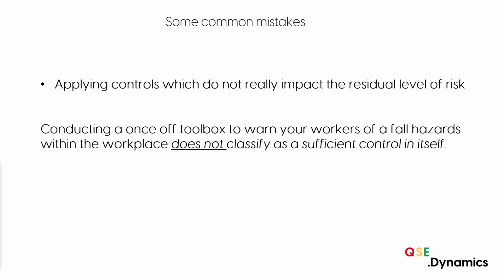You've picked a one-off administration control when in reality fall hazards are very high risk and you should be looking much further up the hierarchy of controls. So if you were to see this as the control method and then a lower risk rating, I would really question that and really push to make sure that people understand why this is not an effective control.